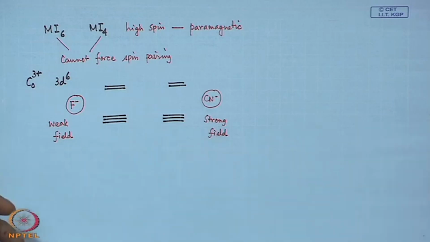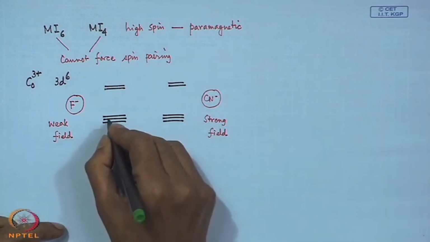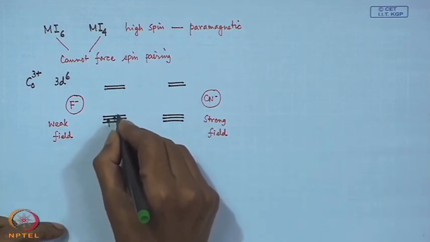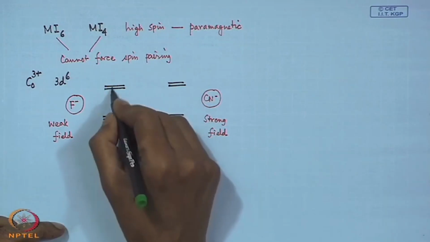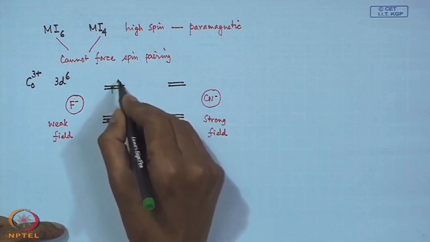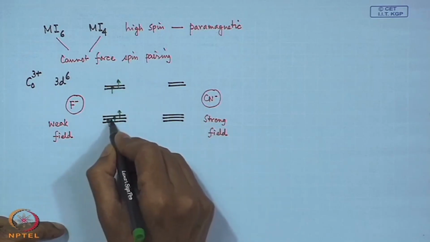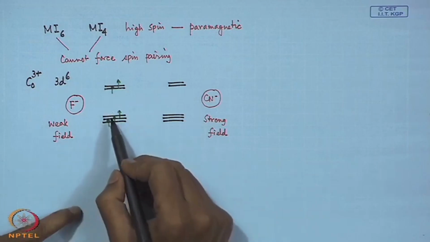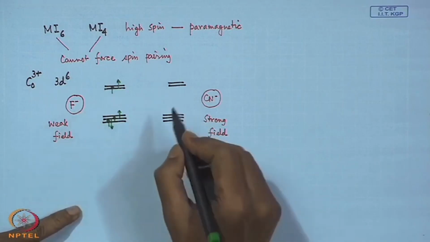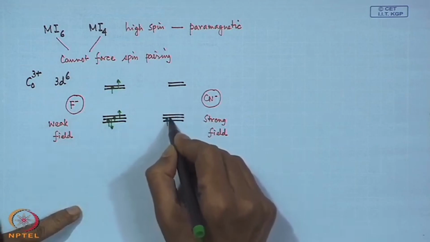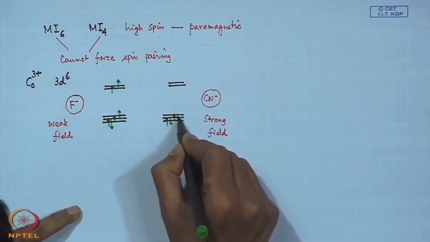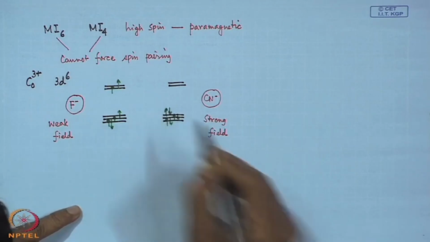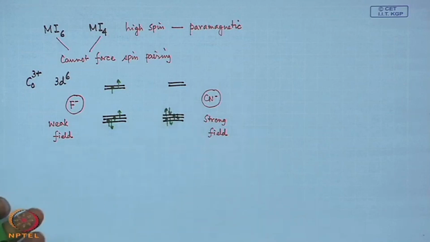So the electron occupancy would be like this: 1, 2, 3, 4, 5 and 6 for the weak field, and for the strong field all will be paired, all in the t2g level.